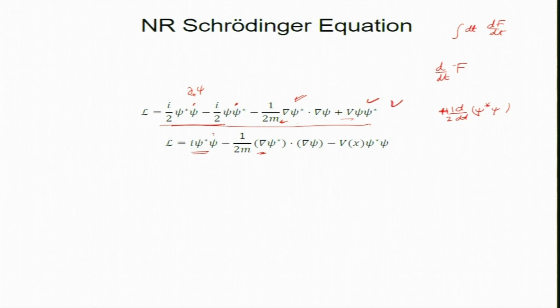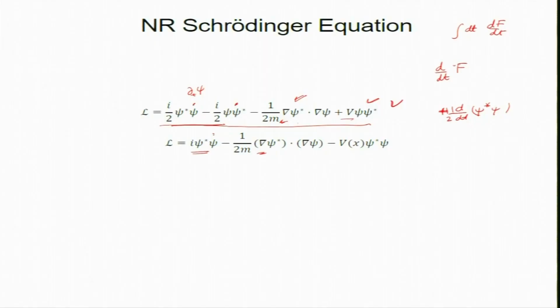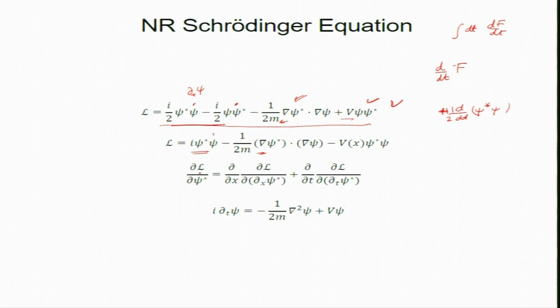the field, not particle, Lagrangian for the field, that will give me Schrodinger equation. So, let us start doing that stuff now. This is Schrodinger equation, non-relativistic. So, the first term, partial derivative of Lagrangian density by psi star. So, what will that give me? This one.